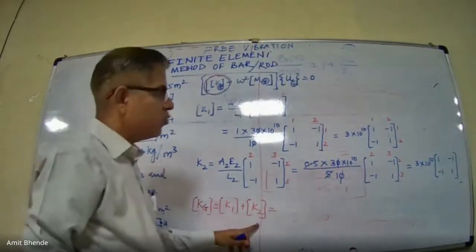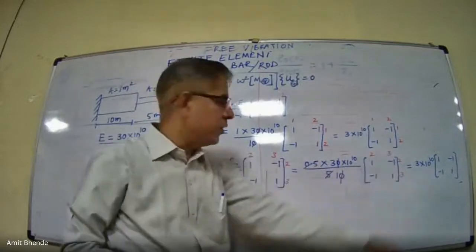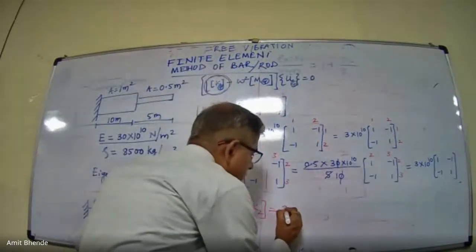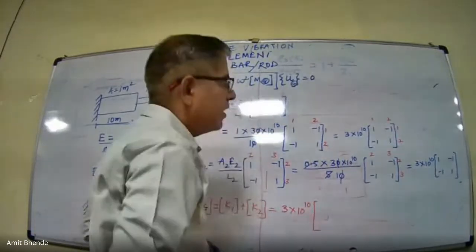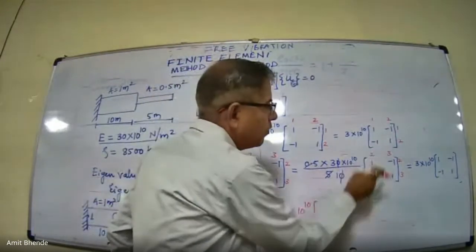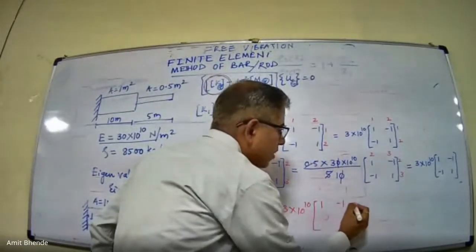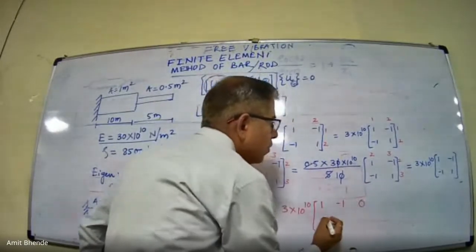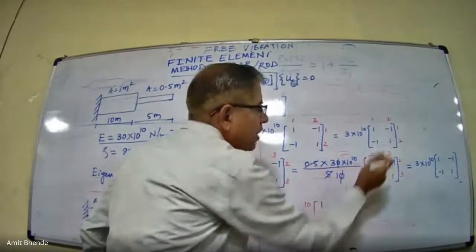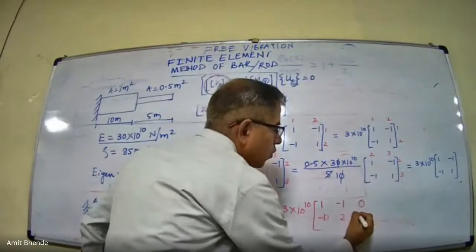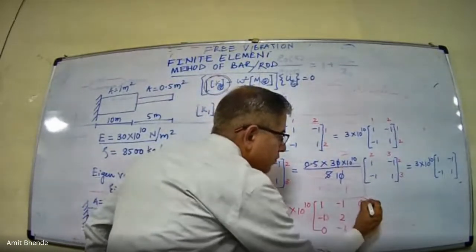And if you add these two matrices, see here, the multiplying factor is same, 3 into 10 to the power 10. And in the bracket, if you add, then it becomes 1, -1, 0, then -1, this 1 and this 1 becomes 2, -1, then 0, -1, 1.